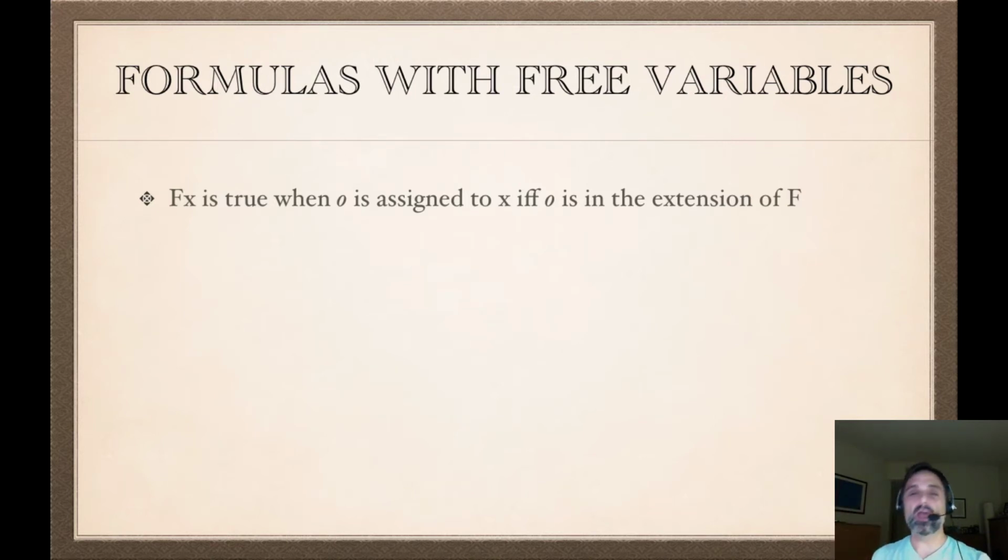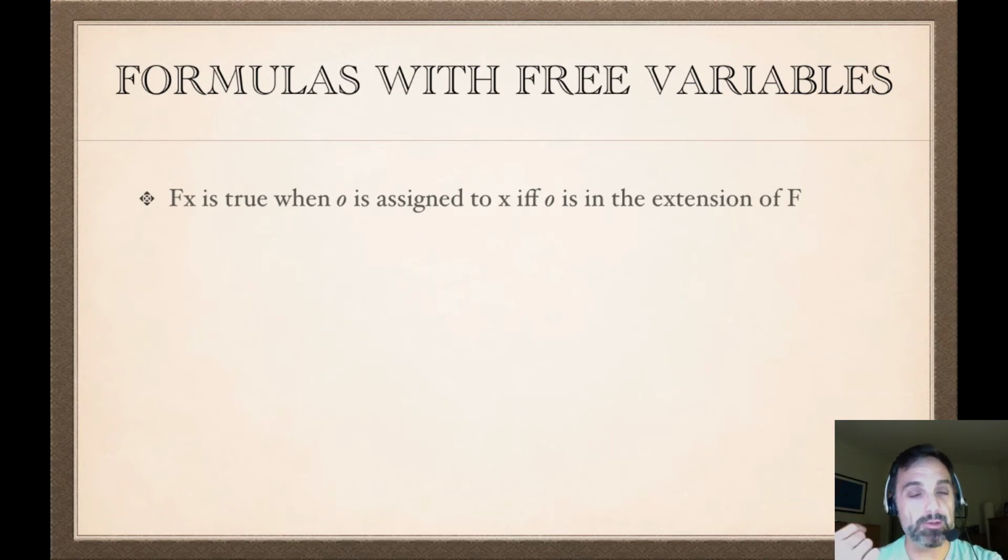Well, okay, if I say "that's tall," you think, well, which thing is tall? If I have a thing in mind, then "that's tall" is true if and only if the thing that I have in mind is tall. If I don't have anything in mind, then "that's tall" isn't true or false, because the word "that" isn't referring to anything. Free variables work the same way.